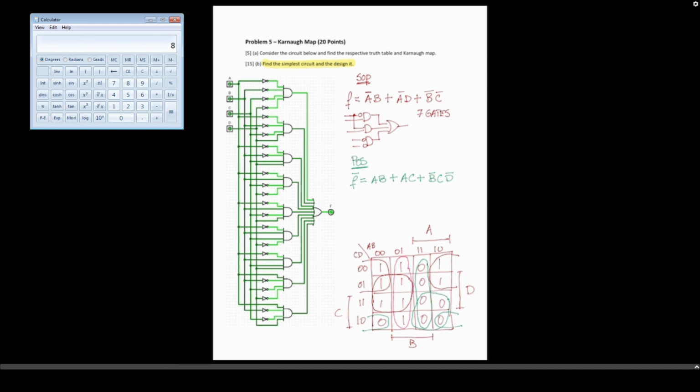Alright, great. I know that I need to apply De Morgan's. So what I get is, in fact, something like this. Alright, great. So let's design this one, which we have 3 OR gates there connected to an AND gate.